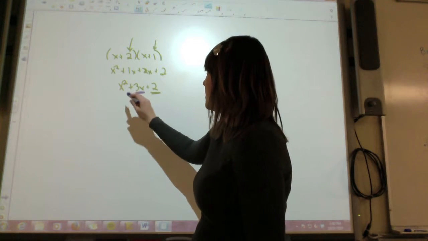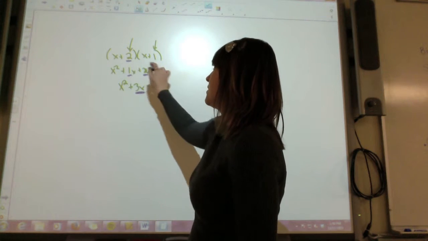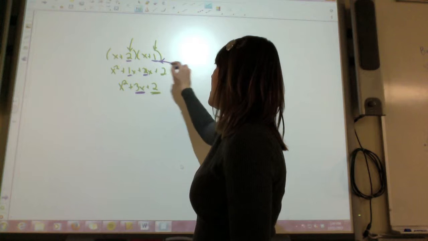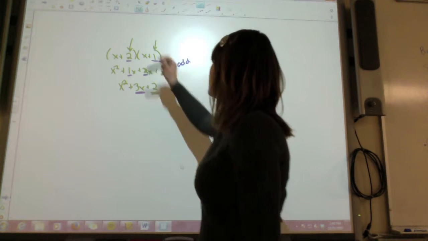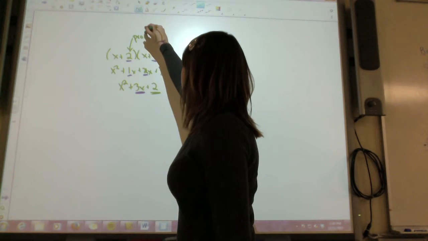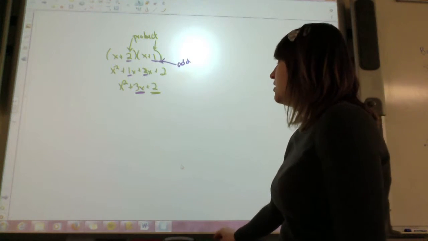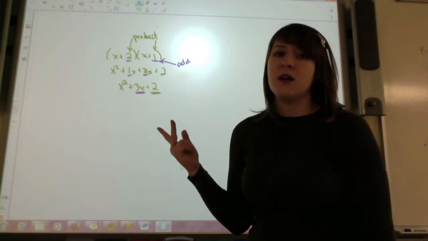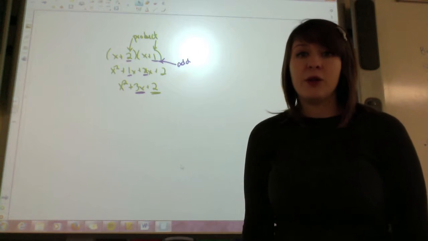So to get this number here, I took these two coefficients, which were actually just these numbers, and I added them. So I had a product and I had an addition using those last two numbers in order to figure out the terms in this polynomial.